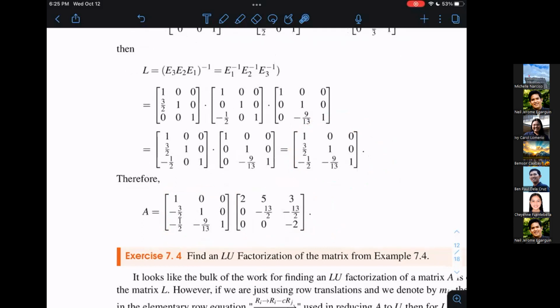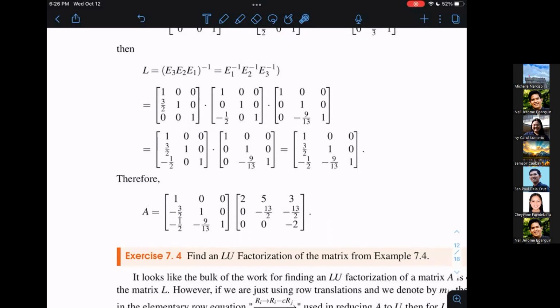Medyo matrabaho to kasi kailangan kong i-track down bawat isang elementary row operation, kailangan kunin yung kanyang elementary matrix. Tapos i-invert ko yung elementary matrices. Pag multiplyan sila in the right order, saka ko pala mahanap yung lower triangular matrix.